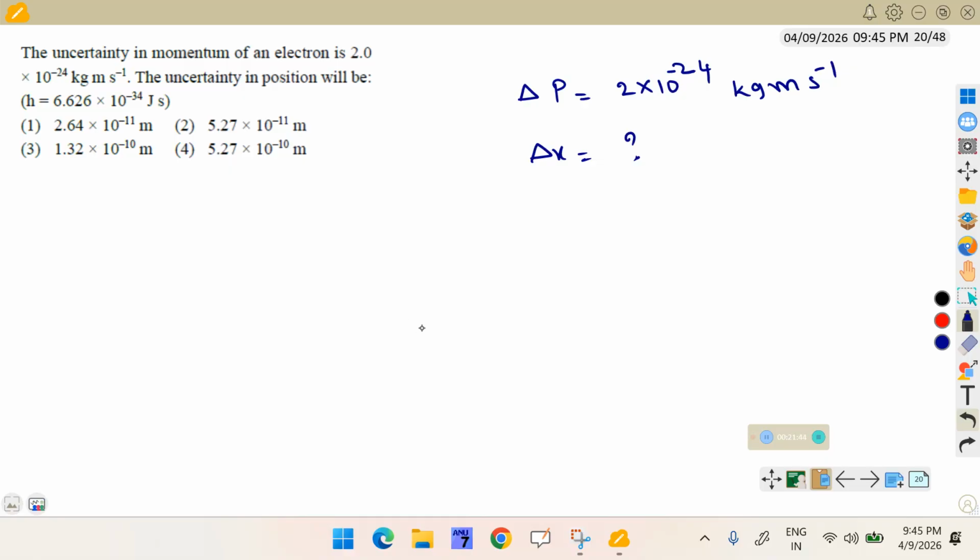The uncertainty in momentum of an electron is 2.0 × 10^-24 kg m s^-1. Then calculate the uncertainty in position.